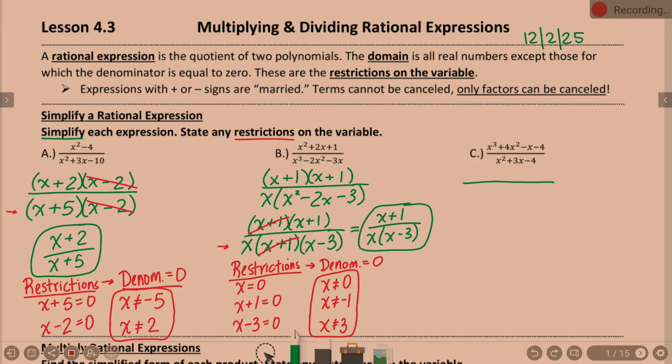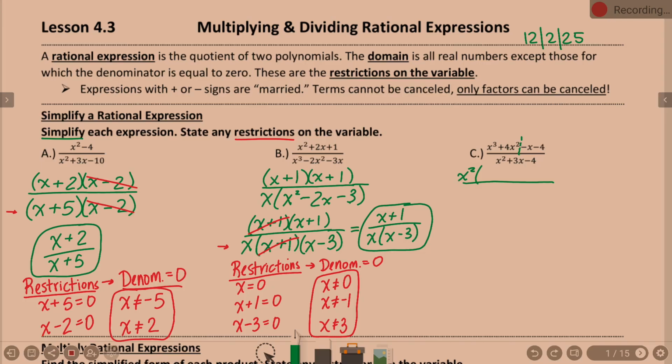With this in mind, on top, think about this in terms of 2 different groups. So if you look at just the first 2 terms, what do my first 2 terms have in common? Okay, x cubed and 4x squared both have an x squared in common, yes? So I'm going to factor out an x squared.